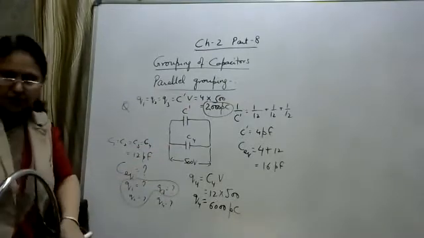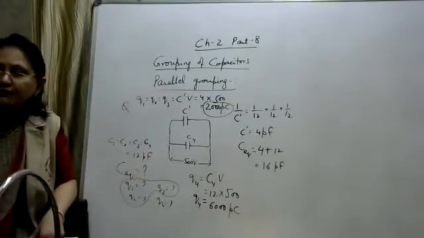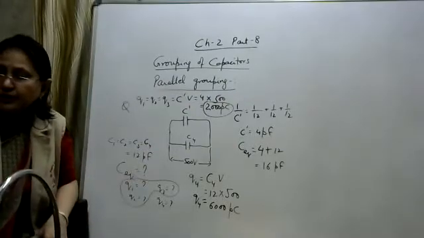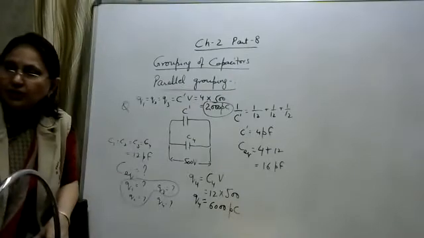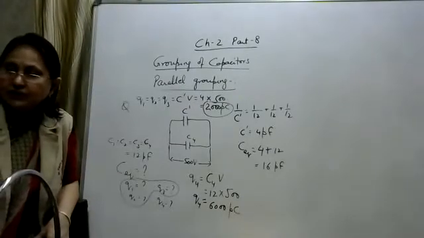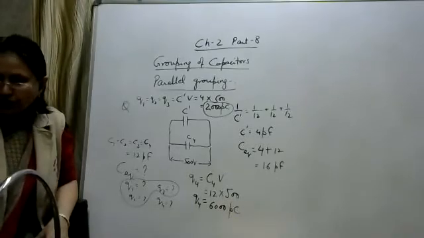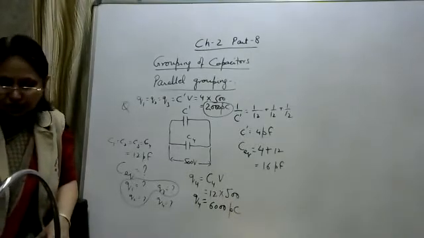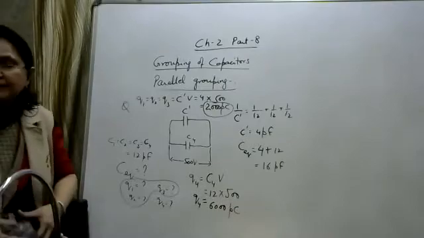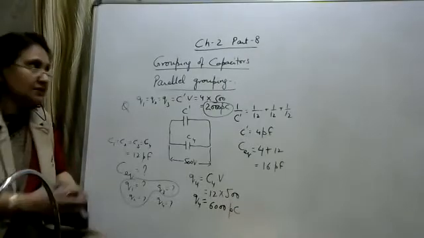Now let's proceed. Now we'll find the energy stored in a capacitor. How much energy is stored inside a capacitor? This stored energy we call the electrostatic energy. Now let's find the expression of energy stored in a capacitor.